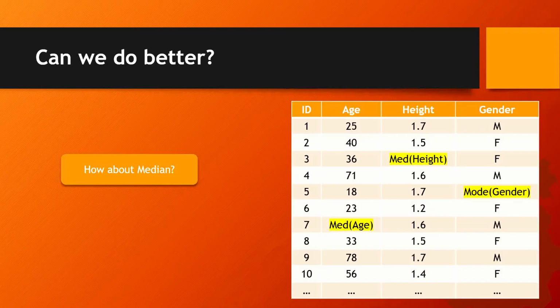So we come to the conclusion that using the median for numerical variables is a better imputation technique than using the mean. And for categorical, we can keep the mode as is. This is one of the simplest and most commonly used techniques for missing value imputation that we generally use across the industry.